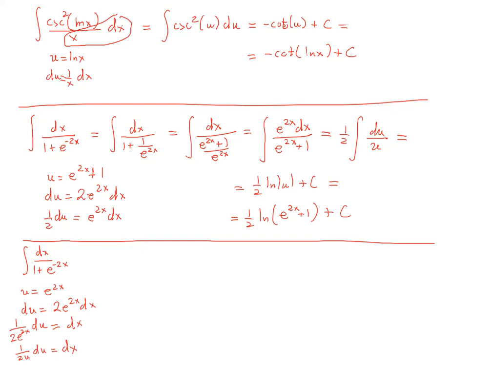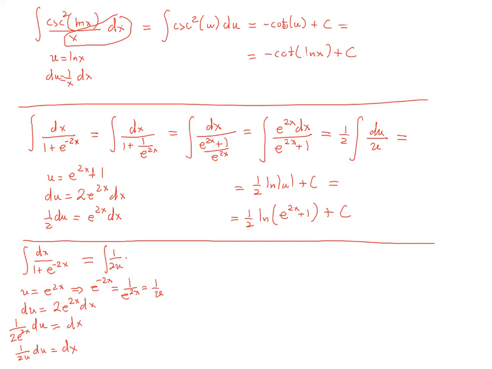Okay. And now, since u is equal to e to the 2x, you can ask what is e to the negative 2x. And of course, e to the negative 2x is 1 over e to the 2x, which is 1 over u.